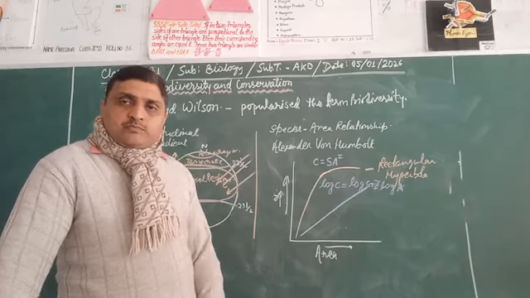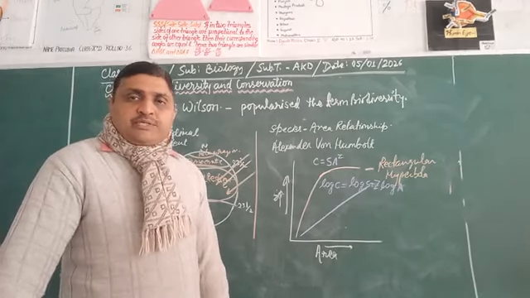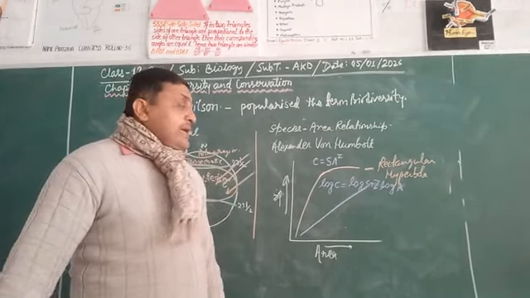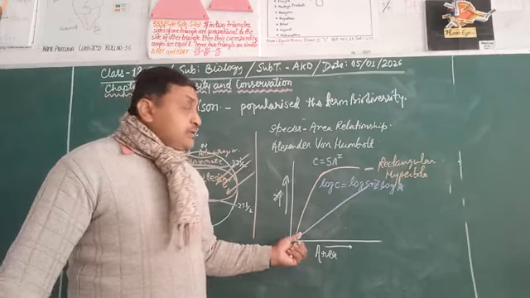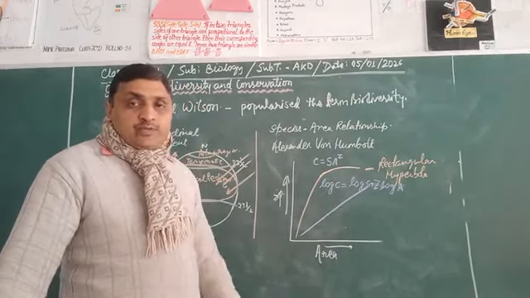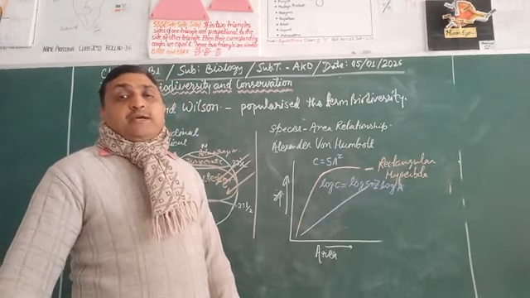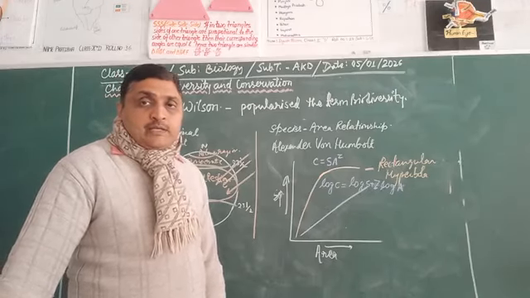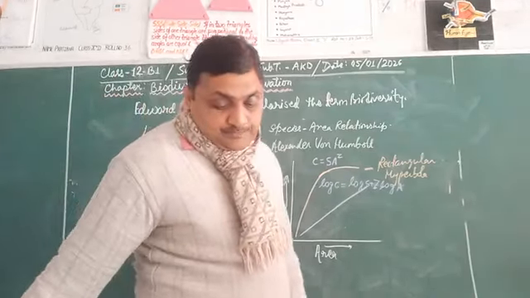For a short area, the value of Z will range from 0.1 to 0.2. And for the large continent, the value of Z, that is the slope value, will change from 0.6 to 1.20.